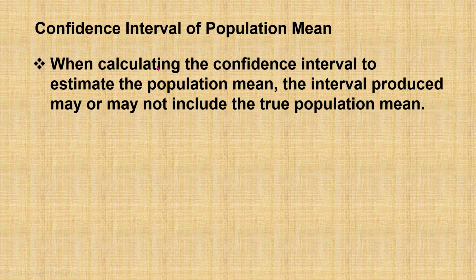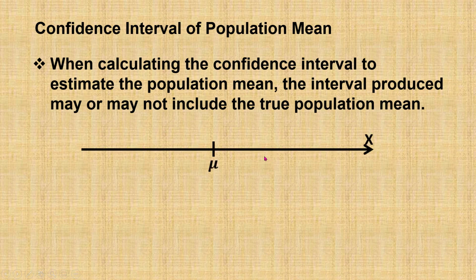When calculating the confidence interval to estimate the population mean, the interval produced may or may not include the true value of the population mean. For example, this is the population of a random variable x, where the population mean is mu.